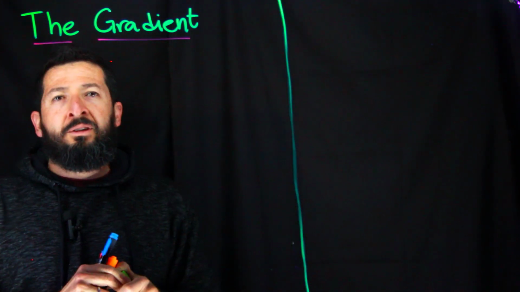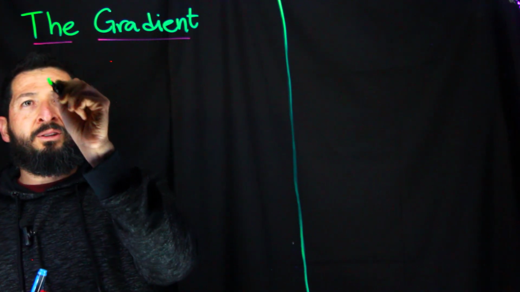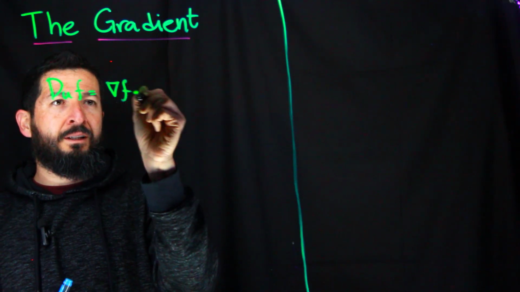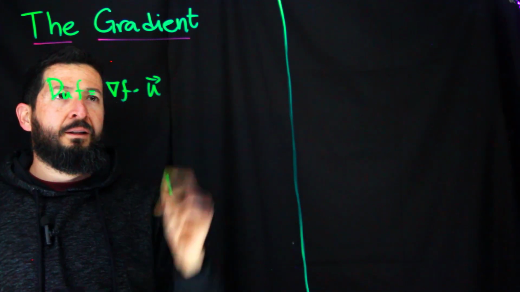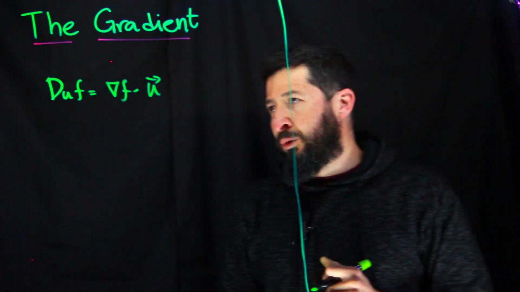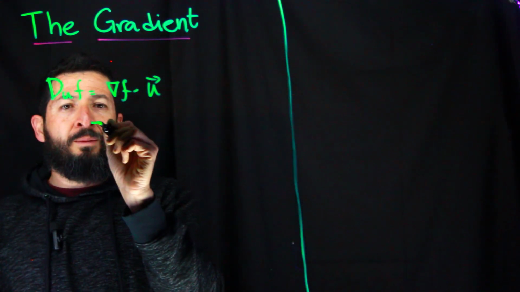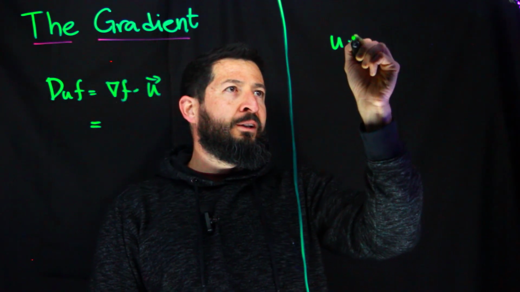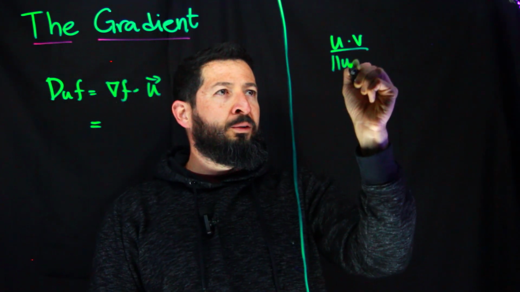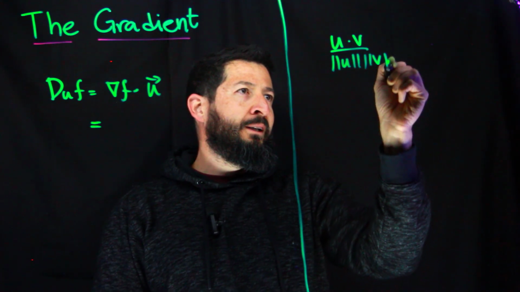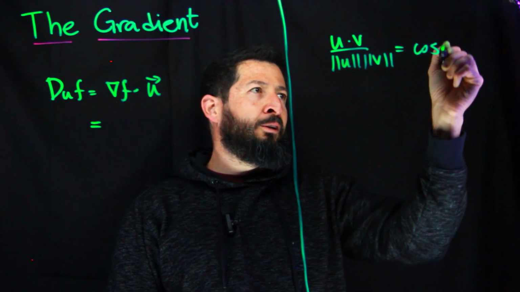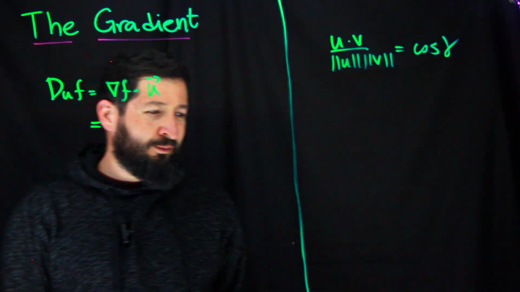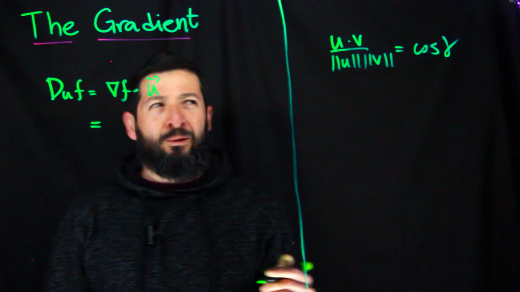All right, so let's return to the idea of the directional derivative being the gradient dot the vector u. Now remember the dot product of u dot v over the magnitude of u times the magnitude of v is equal to the cosine of the angle between them. I'm going to call that angle gamma just because theta I was using for the coordinates of the vector u.